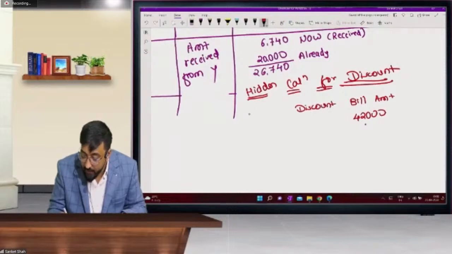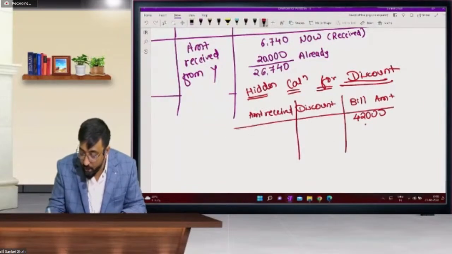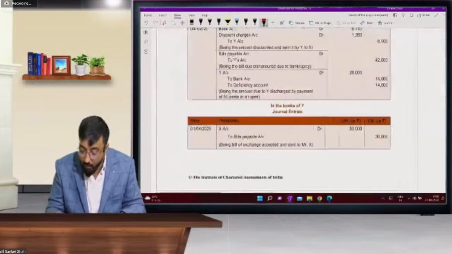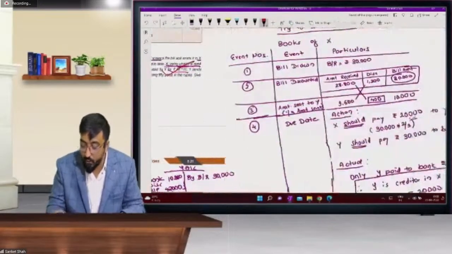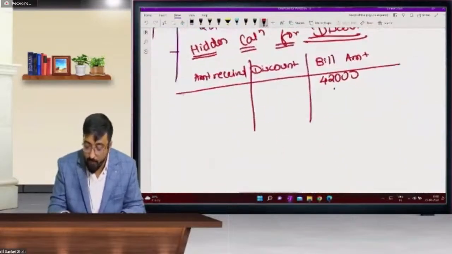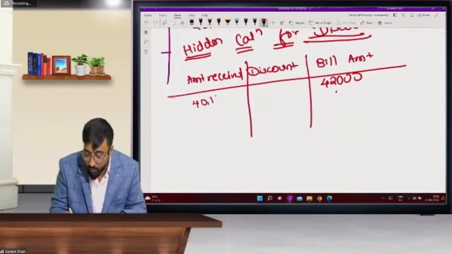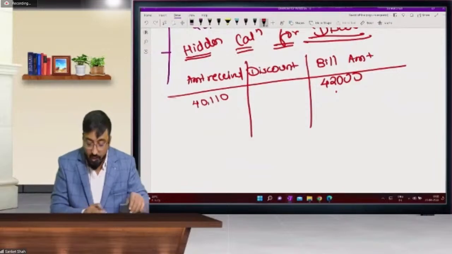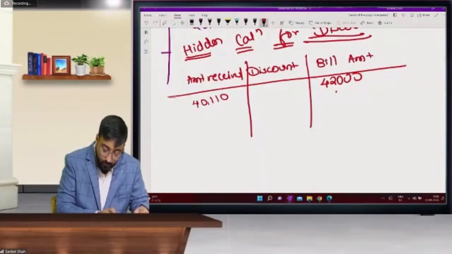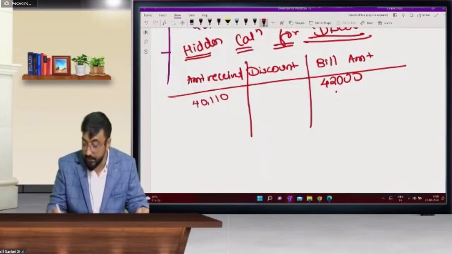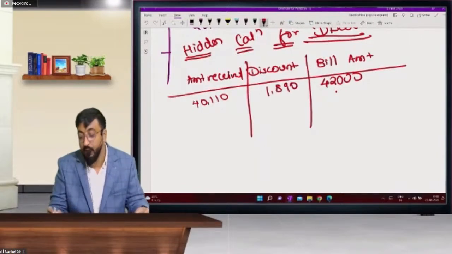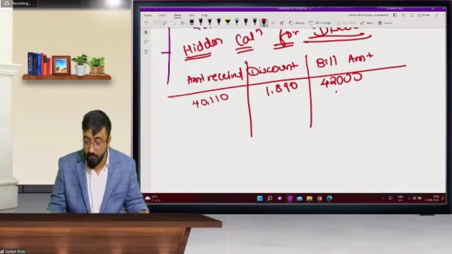And what is the amount received by Y? It's simple cross multiplication. Amount received, he discounted at 40,110. So amount received 40,110. So what is the discount amount? 42,000. Please wait for some time. It's very important. 1890.